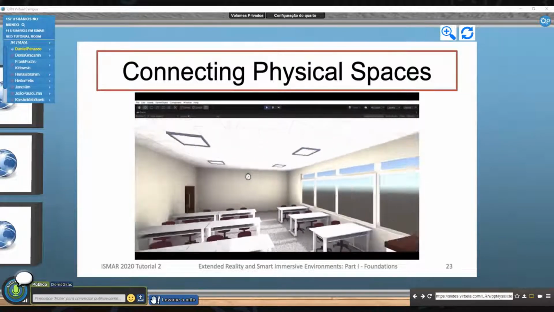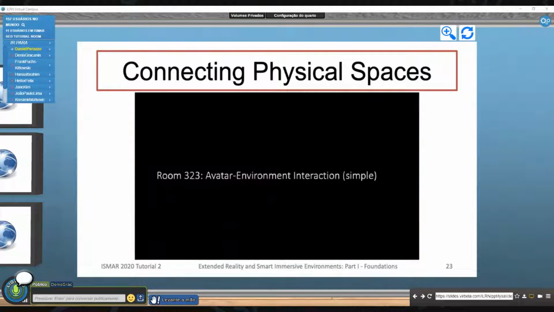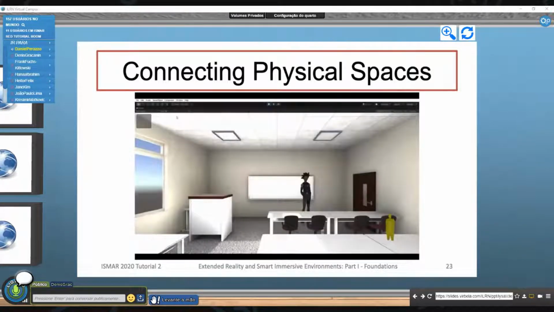So, of course, due to the conditioning assignment, the physical spaces were basically student apartments or rooms. So what we tried to do is to leverage body tracking technology, in this particular case Microsoft Azure, to provide whole body interaction with the virtual environment.